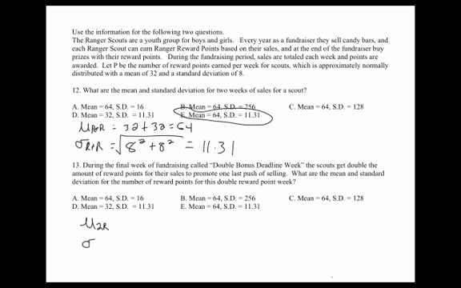So we want the mean and the standard deviation of 2R this time. So 2 times the old mean, that's 64. The difference is this time the standard deviation is going to be 2 times 8, which is 16. So this time we want letter A.